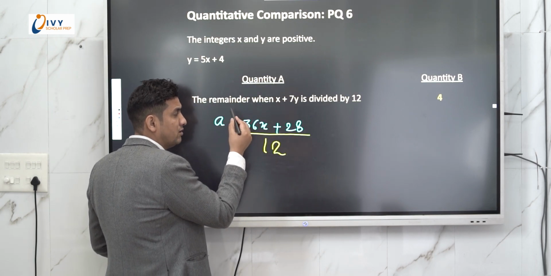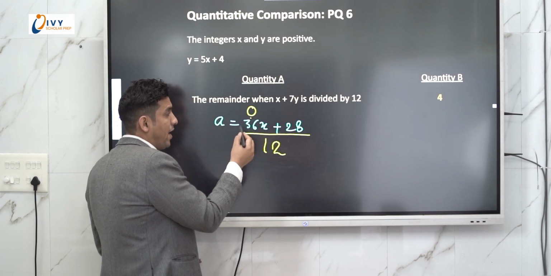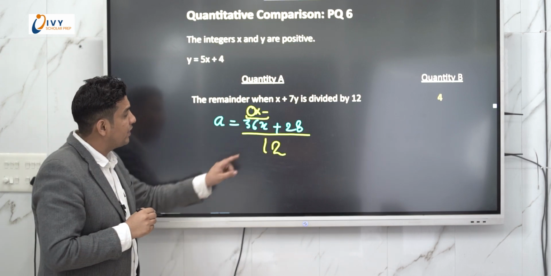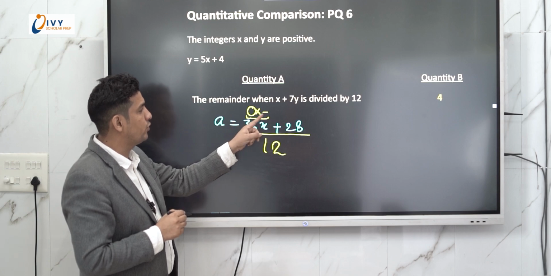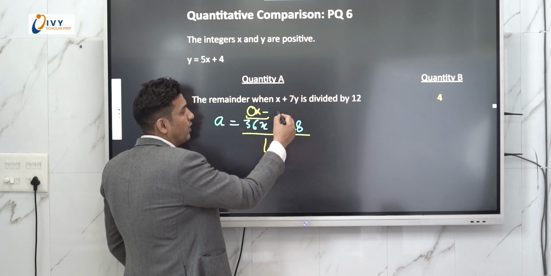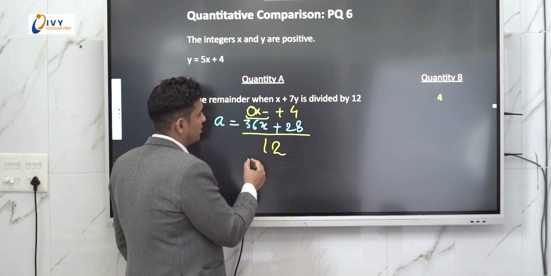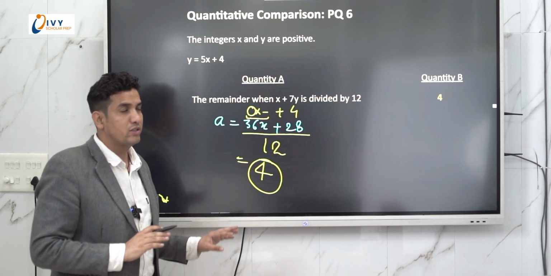So 36 by 12 is a complete multiple, so remainder comes 0. Now x could be anything, but 0 into anything will always be 0. When you divide x by 12, whatever remainder coming, like let's say 1, 2, 3, 0 into anything is 0. Now 28 by 12, it offers me a remainder of 4. So 0 plus 4, the remainder is coming only 4, that's it. So that's what we are supposed to do.